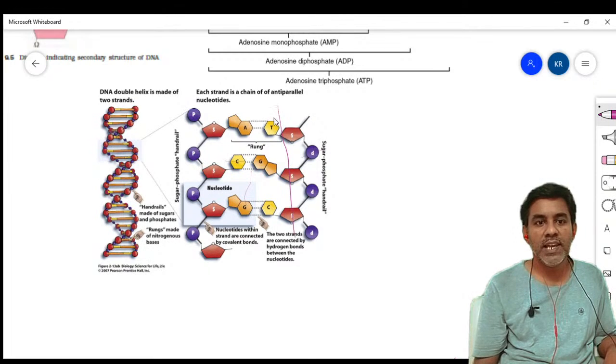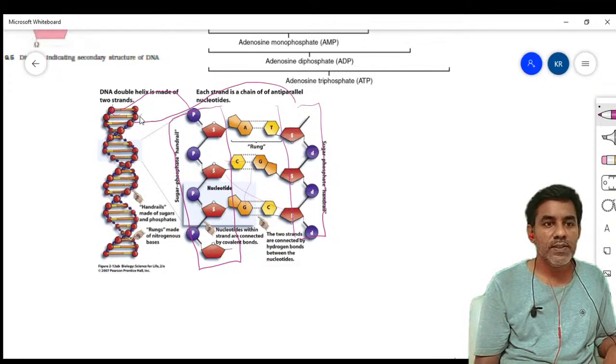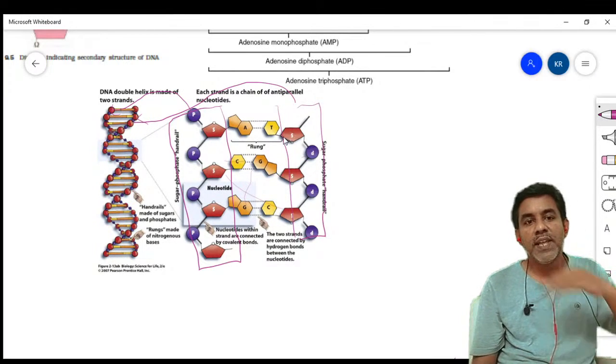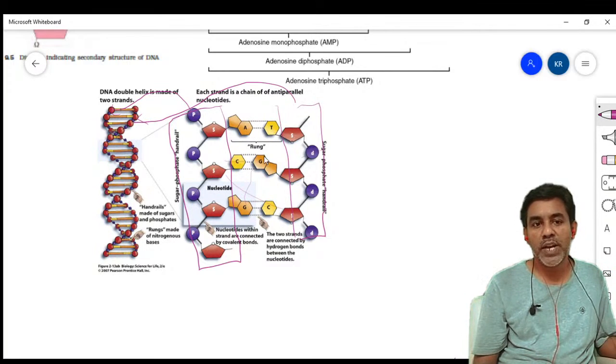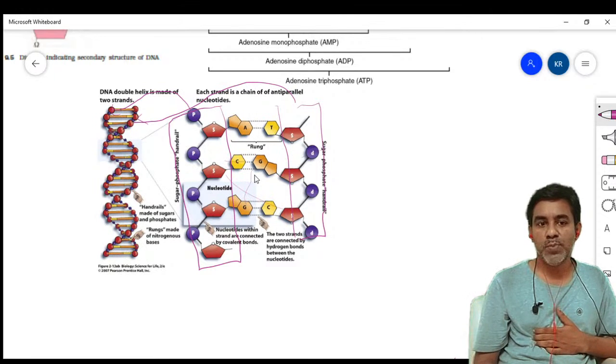This is one helix and this is the other helix. The steps in between are the nitrogen bases bonding. A pairs with T with 2 hydrogen bonds, G pairs with C with 3 hydrogen bonds.